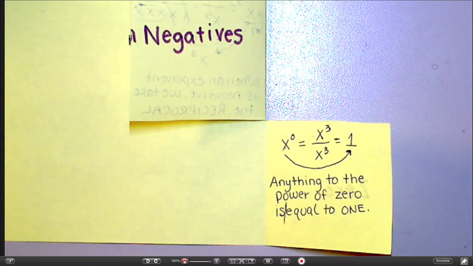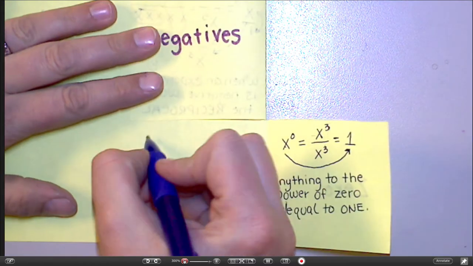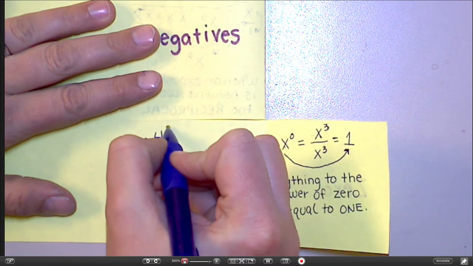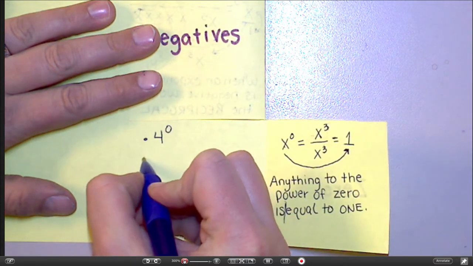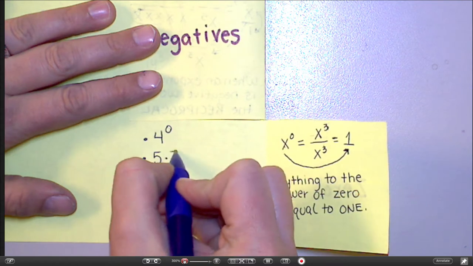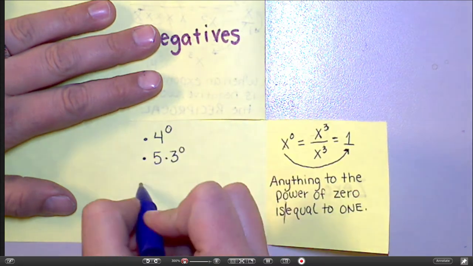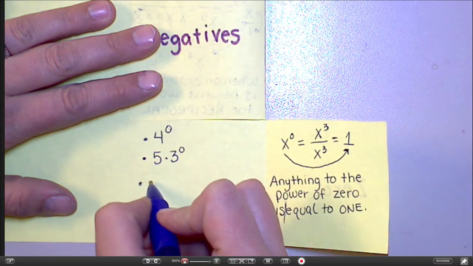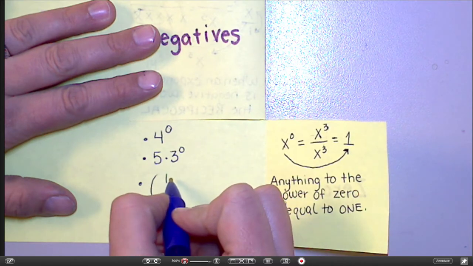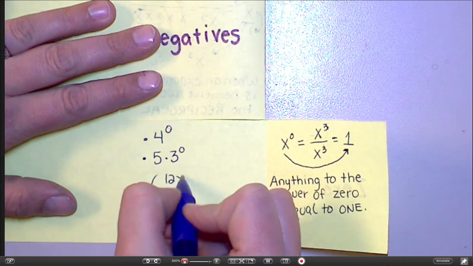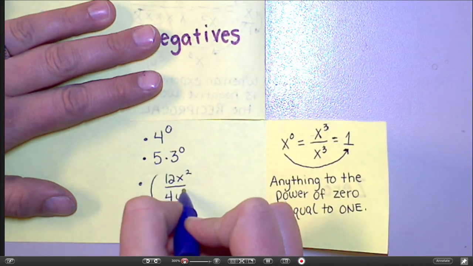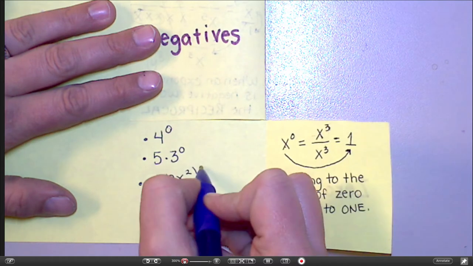Okay? So, for some examples, let's do 4 to the power of 0. Let's do 5 times 3 to the power of 0. Let's do 12x squared over 4y to the 4th, all to the power of 0.